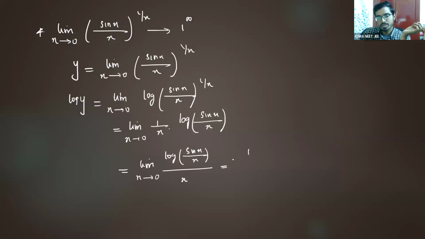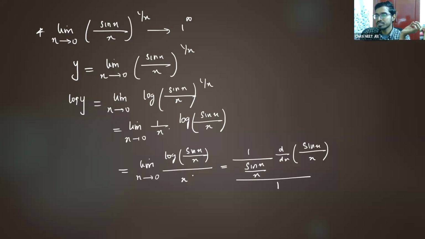So log f of x. So 1 by sin x by x, 1 by f of x into f dash into d by dx of f of x. Denominator will be 1, right? Because d by dx of x is 1. So log f of x, 1 by f of x into f dash of x. So this will become x by sin x. This will become x by sin x.